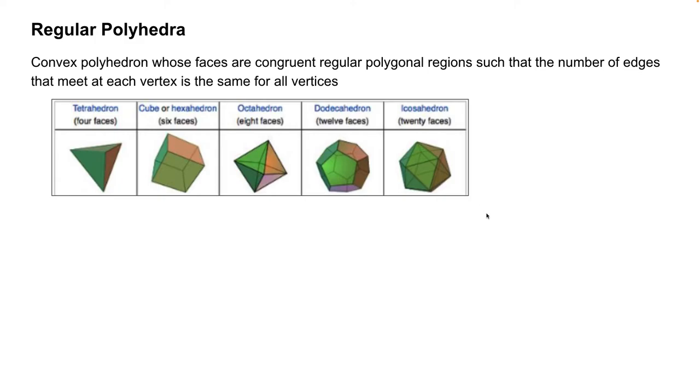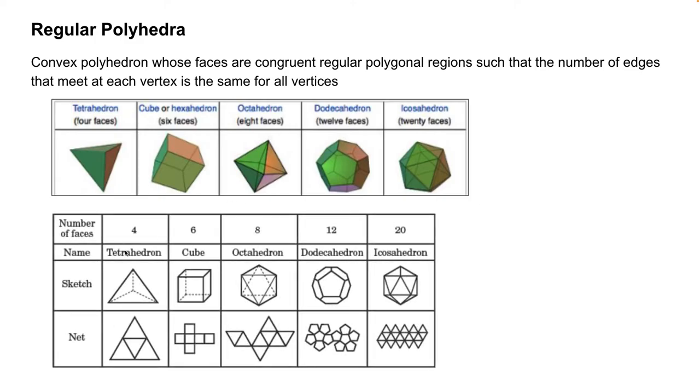Okay, let's talk about them a little bit more. So how many faces there are determines the name of the polyhedra, right? So if it has 4 faces, tetrahedron, 6 hexahedron or cube, 8 octahedron, 12 dodecahedron, 20 icosahedron. And you can sketch that to have 4 faces.